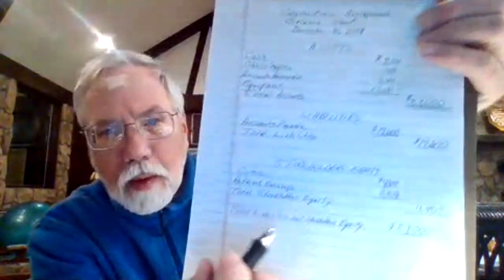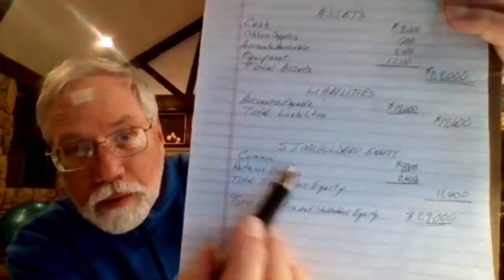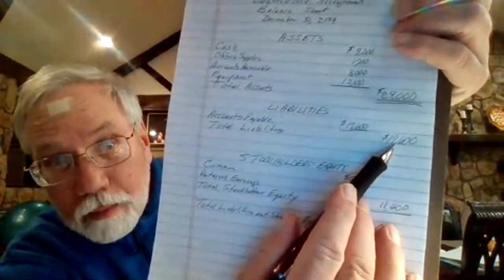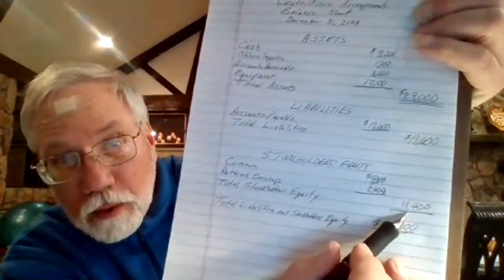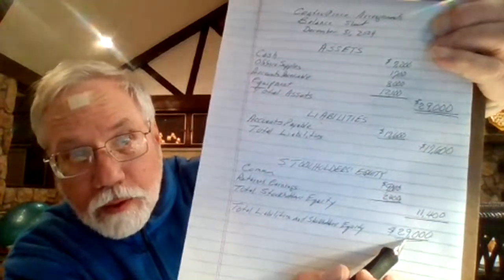I don't have to use a calculator, but I will anyway, since it's here. $29,000. So the last thing I did was combine the total liabilities with total stockholders' equity to get the $29,000.